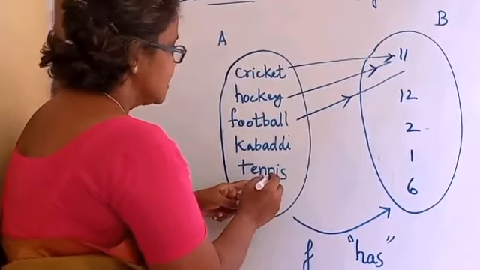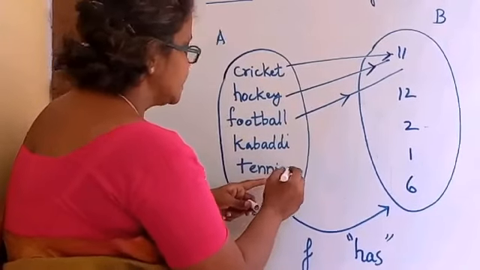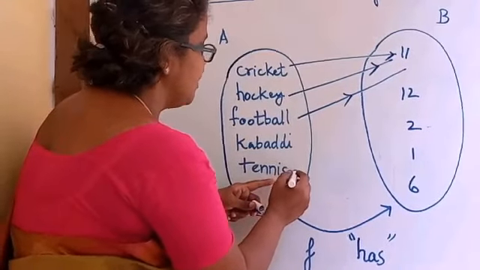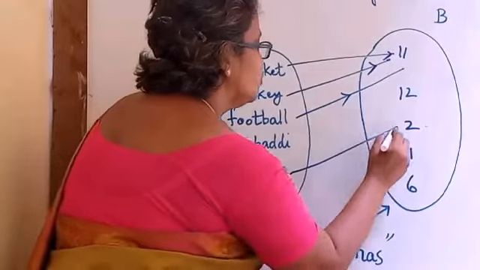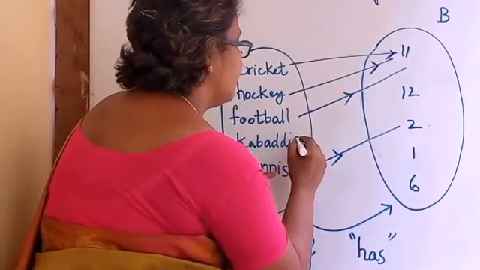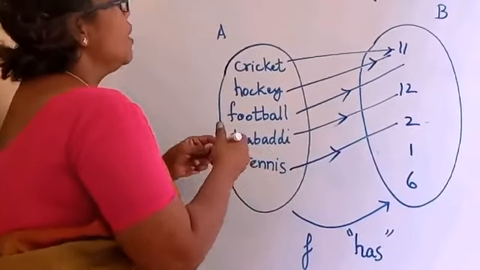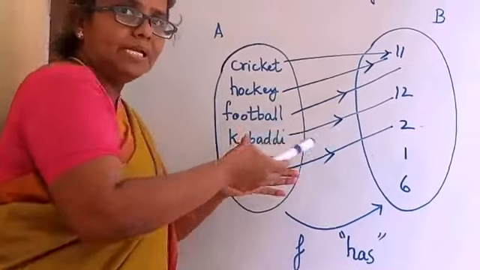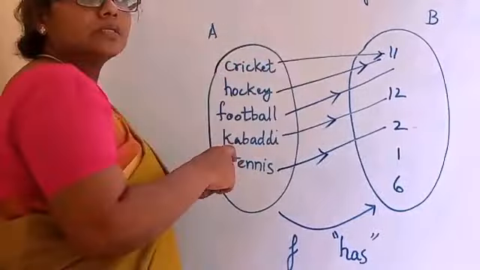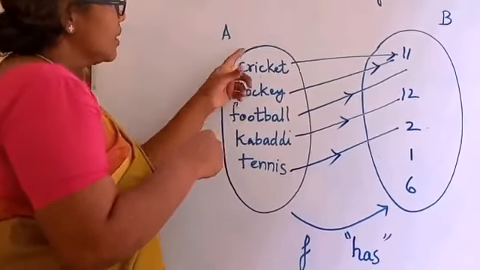In tennis, I consider doubles, right? So in a team, how many members will be present? 2 members will be present. Likewise, in kabaddi, you have 12 members. Now, this example depicts the many-to-one function.